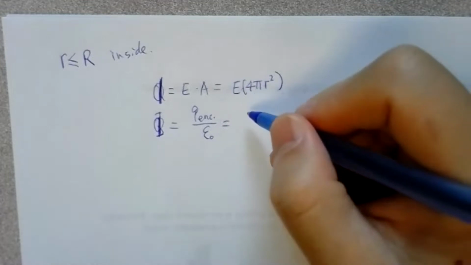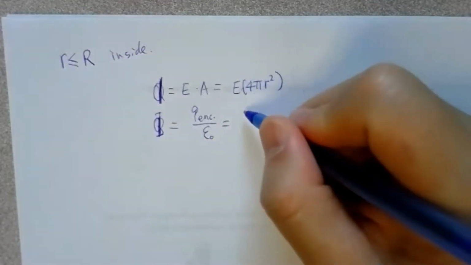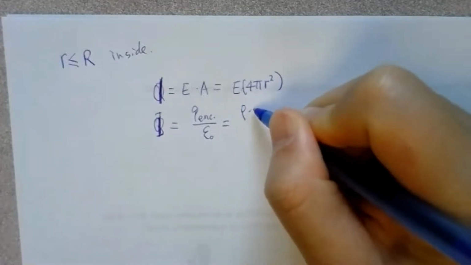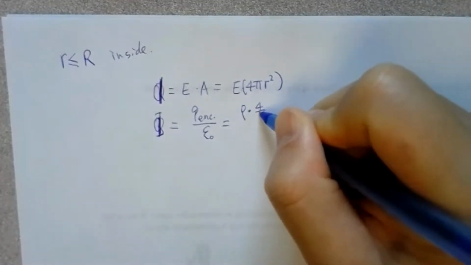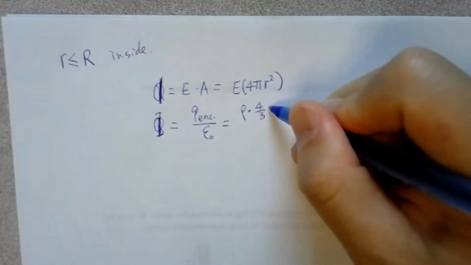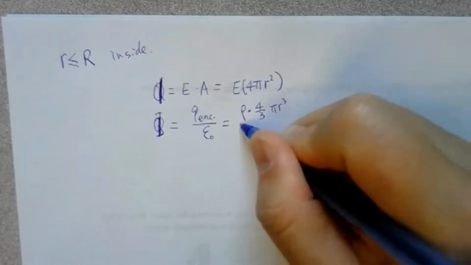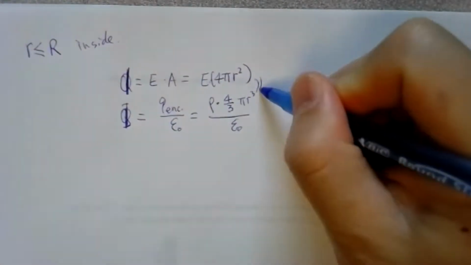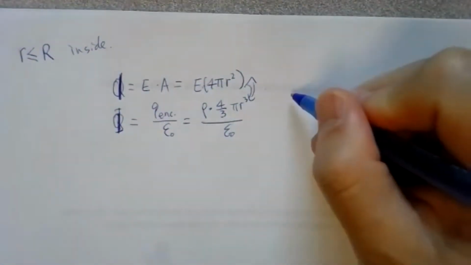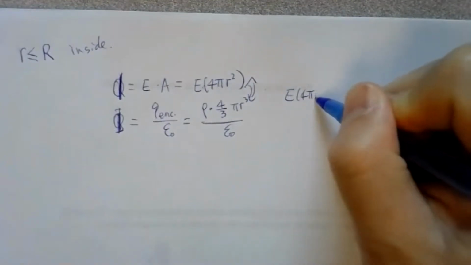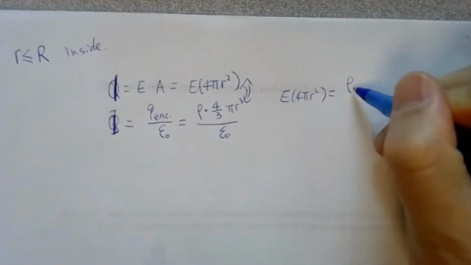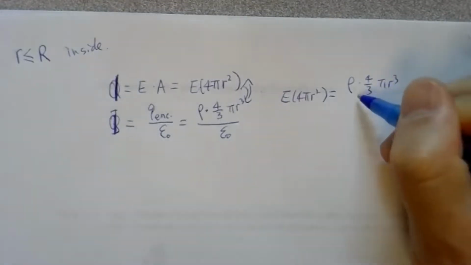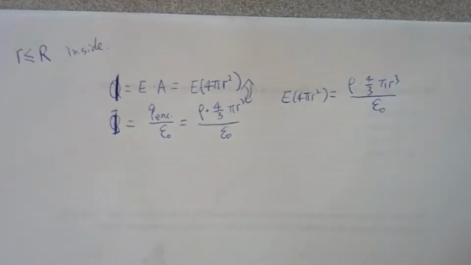For the enclosed charge, we use rho times the volume of the small sphere, so rho times 4/3 pi r cubed, divided by epsilon naught. These two should be equal to each other, so you can set up E times 4 pi r squared equals rho times 4/3 pi r cubed over epsilon naught.